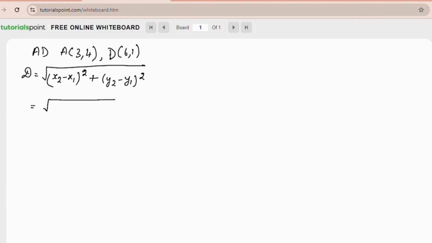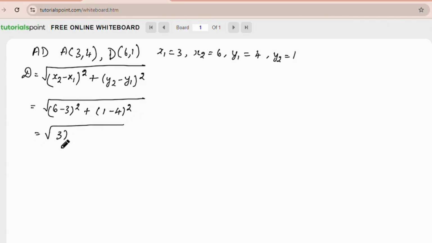Here x1 equals 3, x2 equals 6, y1 equals 4 and y2 equals 1. So root of 6 minus 3 square plus 1 minus 4 square, which is root of 3 square plus minus 3 square, which is root of 9 plus 9 equals root of 18. So we have done AD.